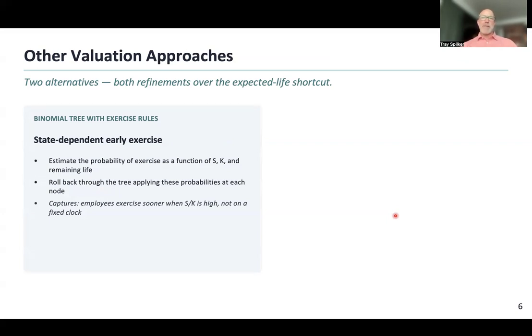So this would capture that state dependence that the expected life shortcut might miss. For example, employees might exercise sooner when the stock price has gone up a lot. So it's not going to be on a fixed clock like the prior Black-Scholes-Merton slide example shows.